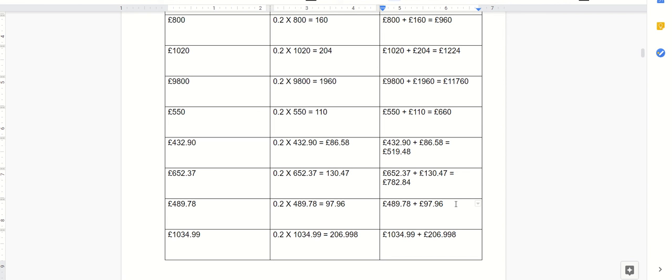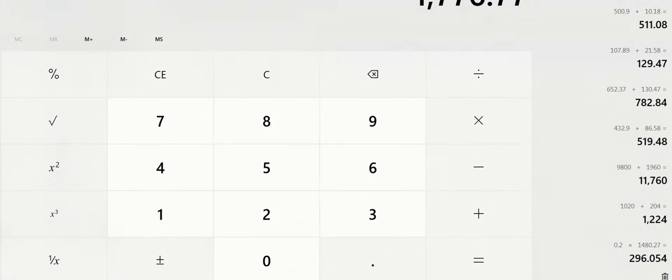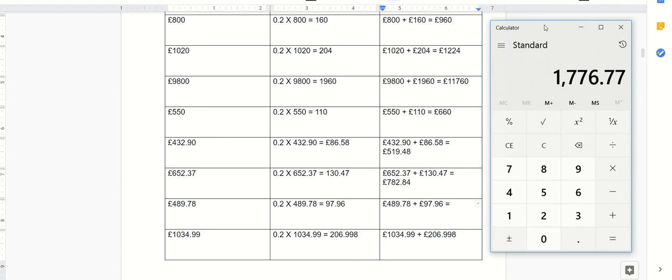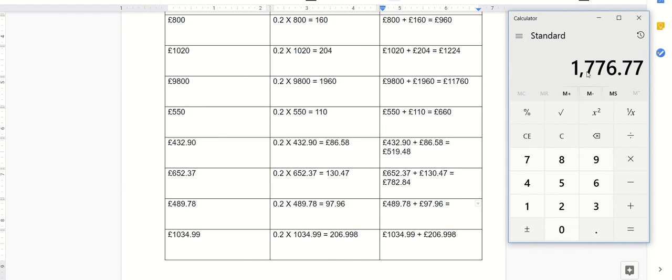And the answer to that question is just to make it smaller. 489.78 add 97.96 is equal to 587.74.